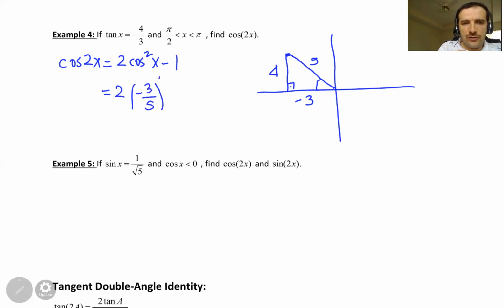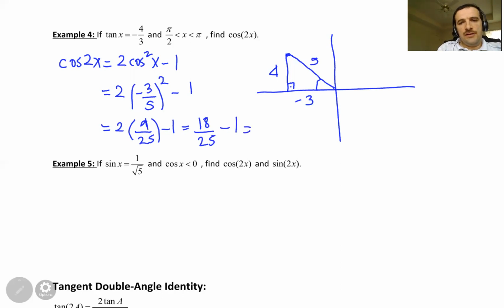But we are squaring it. The formula says 2 cosine squared x minus 1, so this is actually equal to 2 times 9/25 minus 1. 2 times 9 is 18/25 minus 1, and with the common denominator, 18 minus 25 over 25, which is negative 7/25.